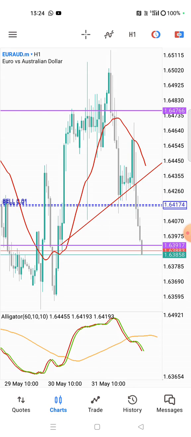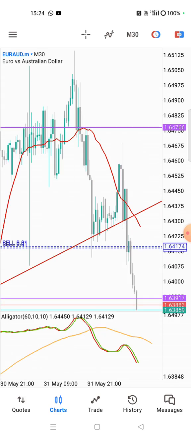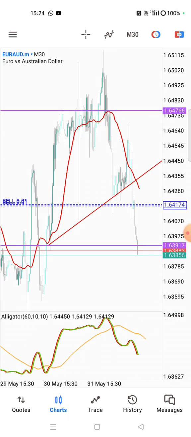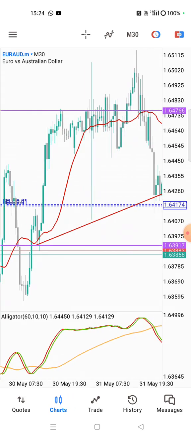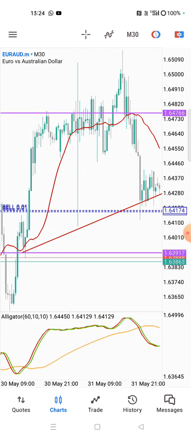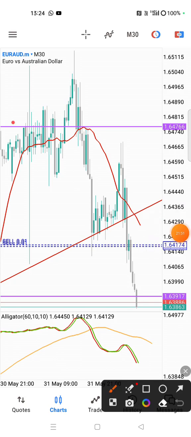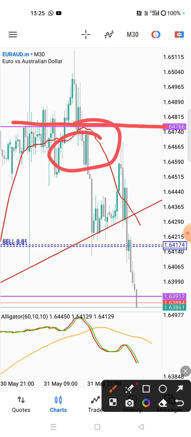Now comes the so-called trouble part. You have to go to M30. What was I looking at? Number one, if you look properly, this is why I put the stop loss here, because there's an SND here.